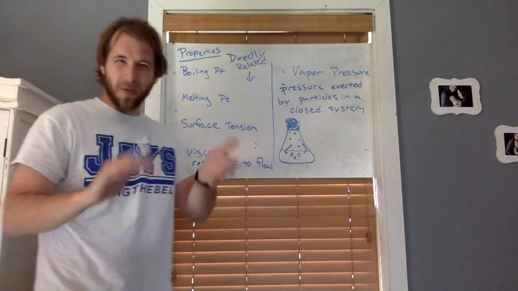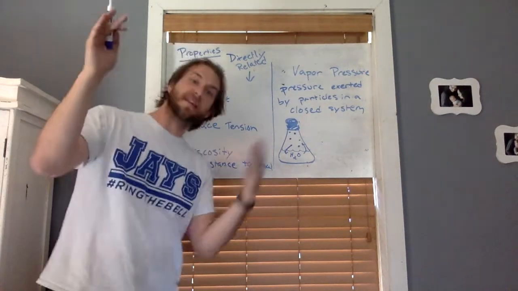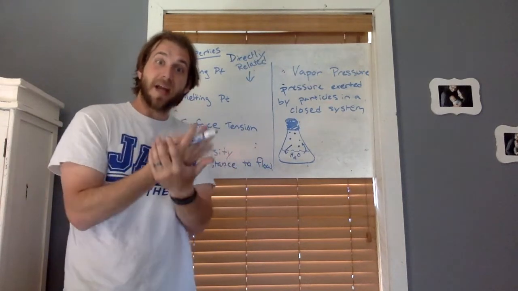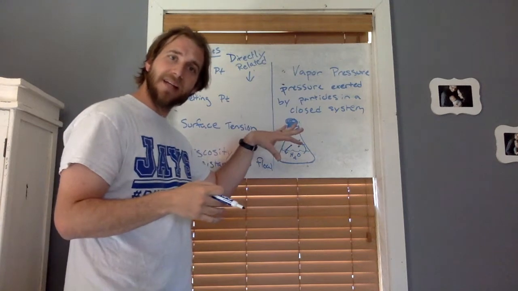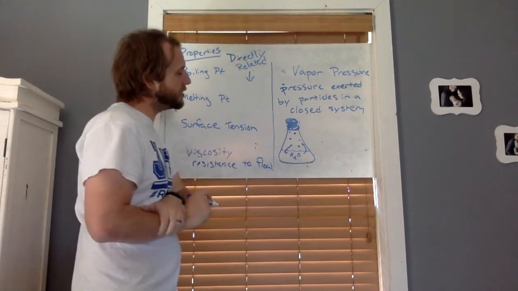We call that equilibrium, where technically it's still changing, but they kind of cancel each other out because as one leaves, another enters. And so we reach a point where this vapor pressure remains kind of stagnant, where we've gotten as much above the liquid as we can get before we reach equilibrium. So that's what we call our vapor pressure.